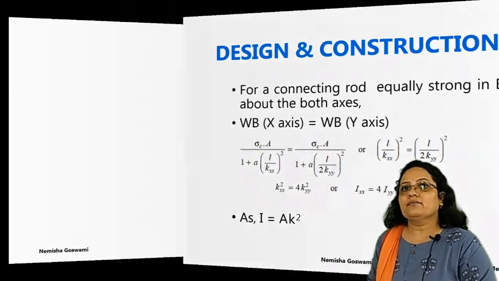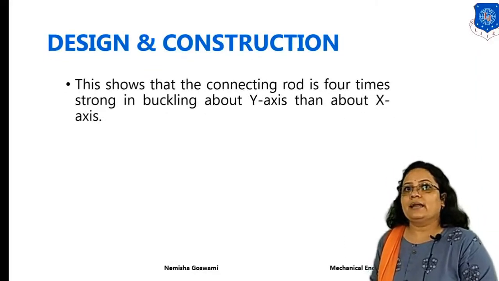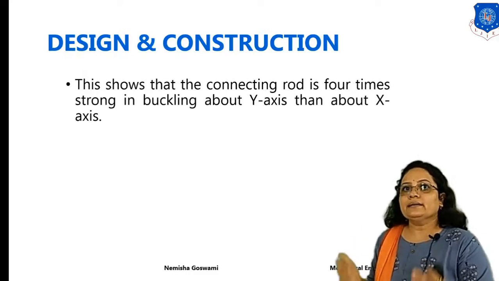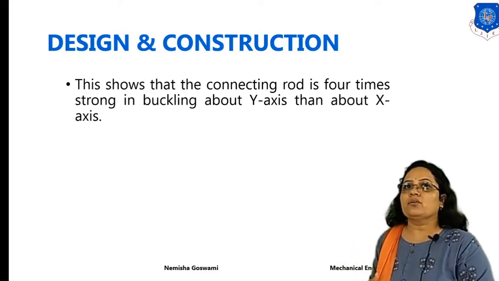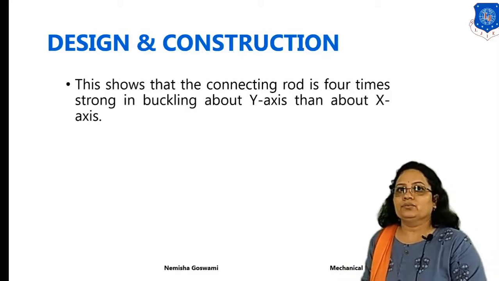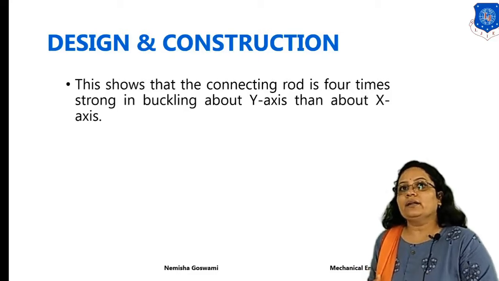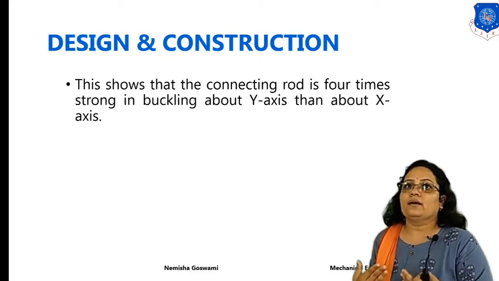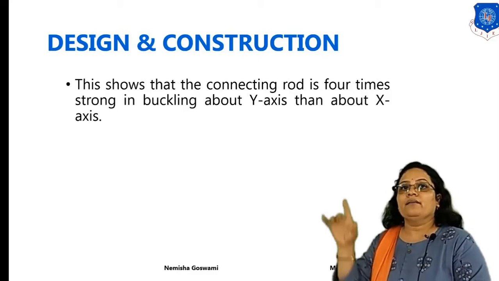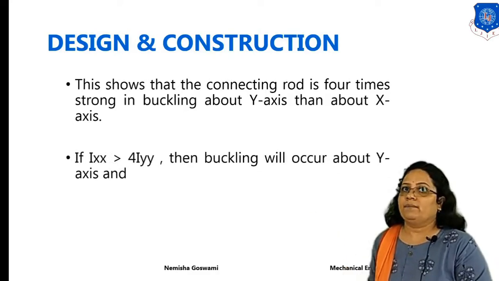What does this mean? It shows that the connecting rod is 4 times stronger in buckling about the y-axis as compared to the x-axis. The connecting rod is much stronger in buckling about the y-axis than about the x-axis.